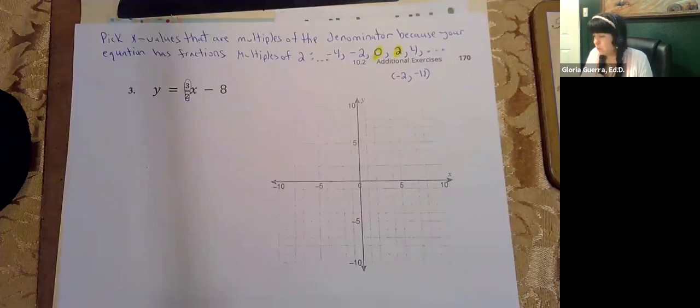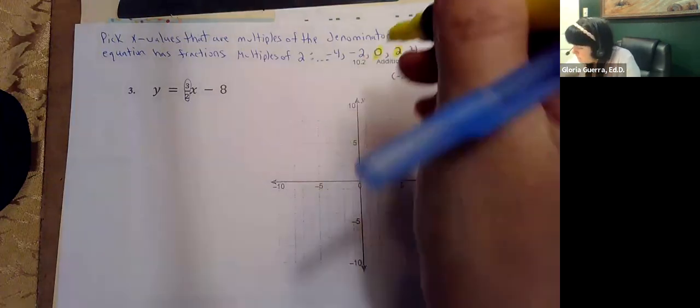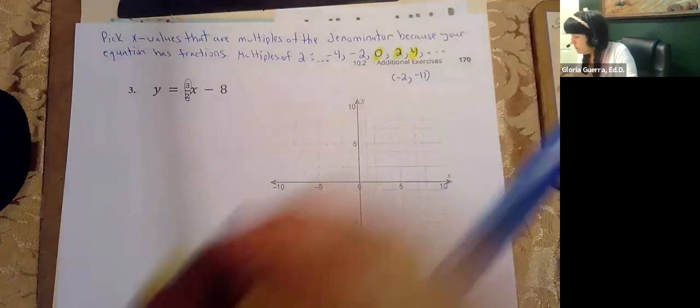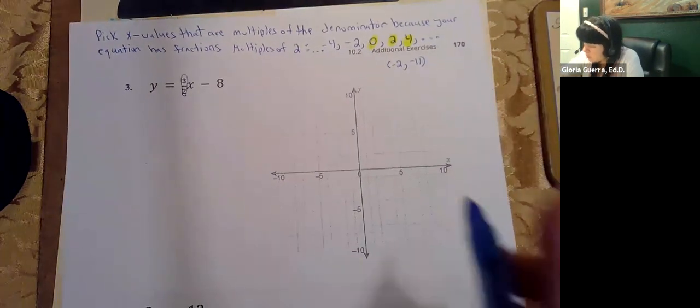And I wanted to stick with multiples because I wanted the math to be easier. So I didn't use a -1. -1 would have probably stayed on the grid, but it wasn't a multiple. I wanted the fraction work to be easier. So I just picked another positive, and I went with 4 with those. Okay, so I'm going to do that here.